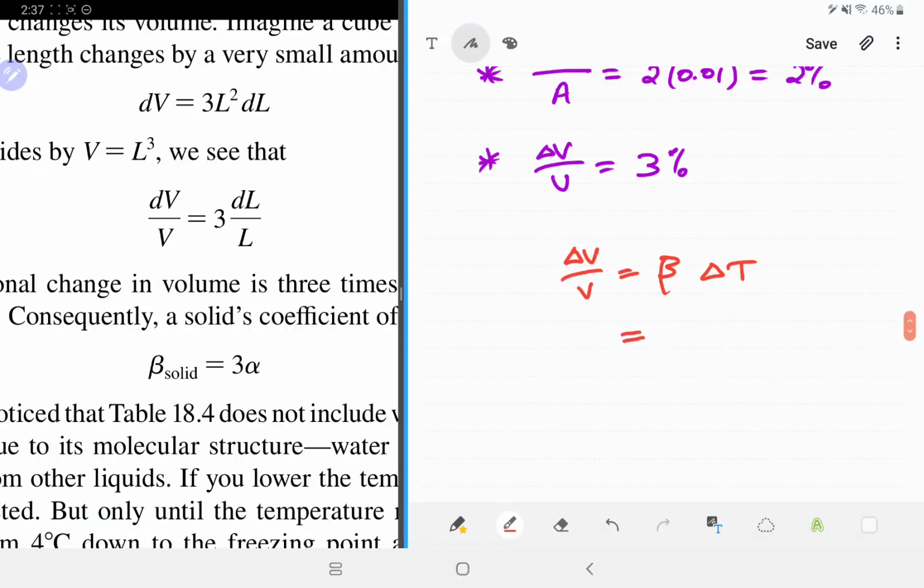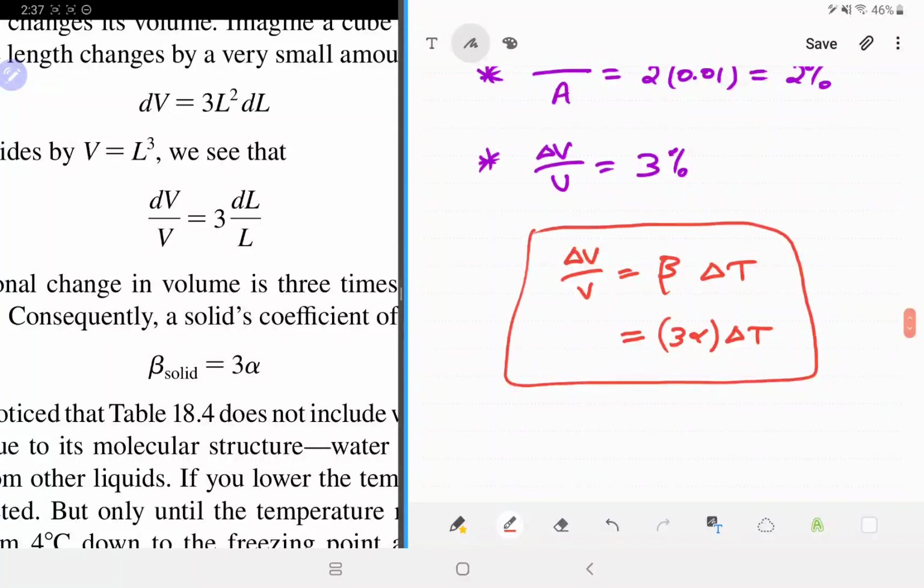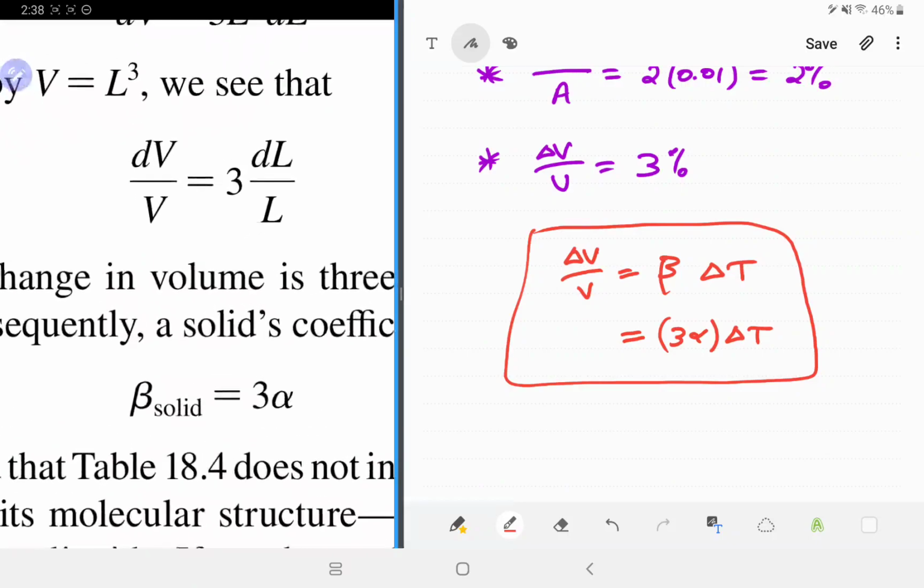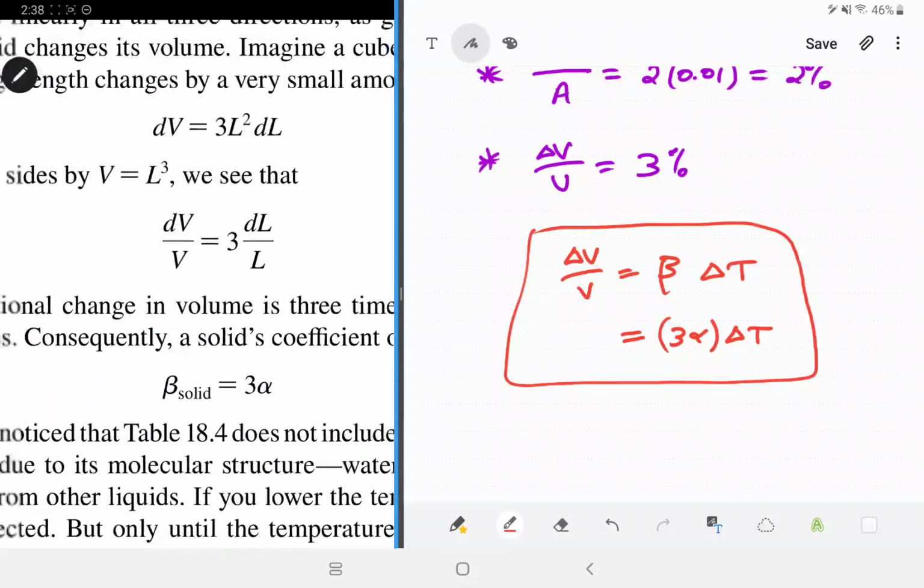And if you have a material that's a solid, you can write this in terms of alpha. This is 3 times alpha times delta T. So the fractional increase in volume is 3 times the fractional increase in length. This is utilizing the fact that this quantity, delta V over V, is small. That's why we can get away with just working with the differentials.